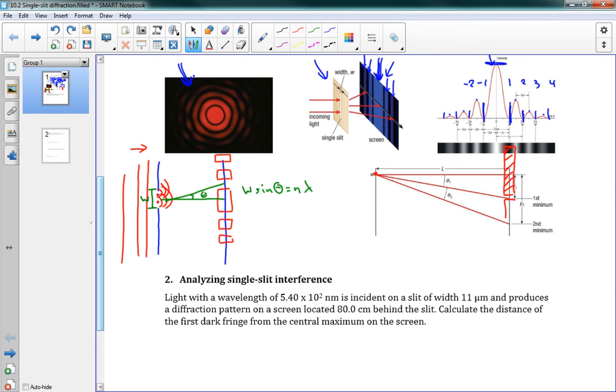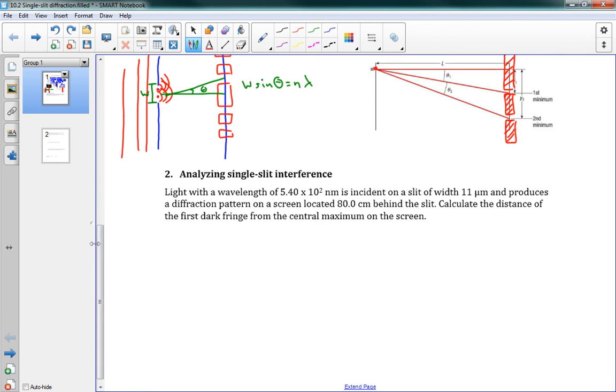We have a light band between here and here, then we have a second dark band. So that's sort of what we're looking at. And you can see a lot of the math is shown in your textbook, the whole derivations, so that's what this picture is sort of helping you understand, is how that math is derived. But we're not going to get into that in this lesson. We're just going to use the equations that we were given. So let's try a couple problems here.